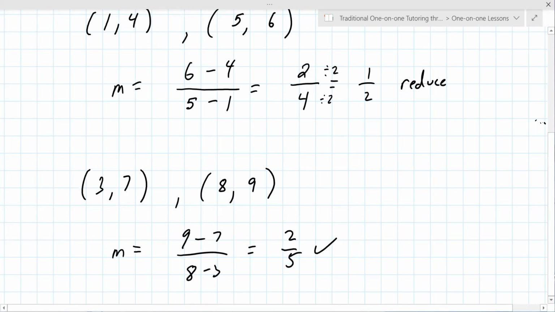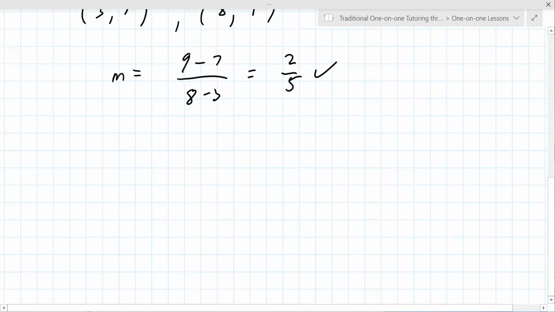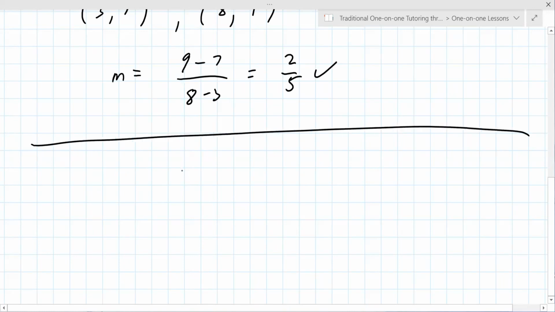Okay, so let's do a little bit of review. It's a totally separate problem, and we're going to come back to this. Let's say I have you do 3 minus negative 1. Do you know what that becomes? The two negatives combine, so it really becomes 3 plus 1. Subtracting a negative becomes a positive, so it becomes 4.